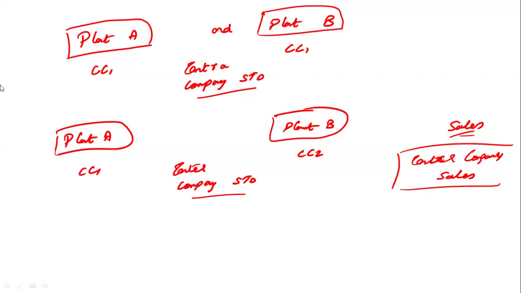Okay. So let me take a scenario. So if we take a scenario, in SAP, if I'm going to create an STO, think that I'm going to create an STO which is stock transfer order. I will do a delivery. So let me do it like this.